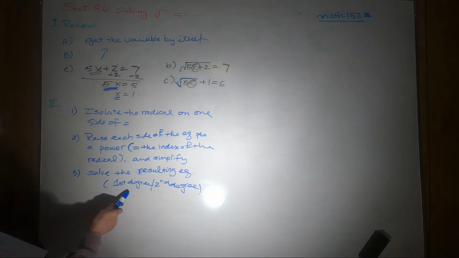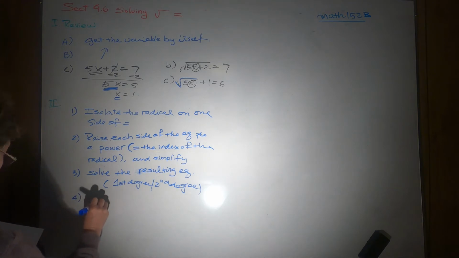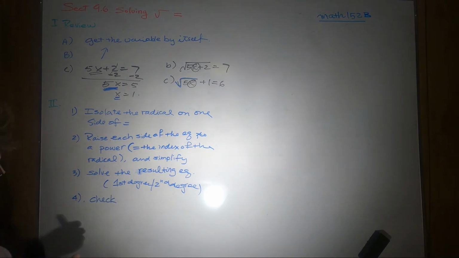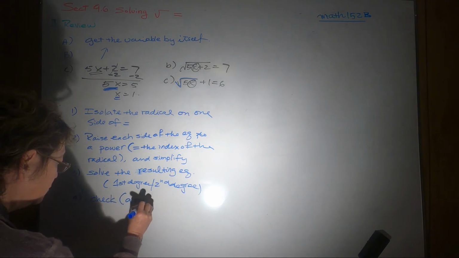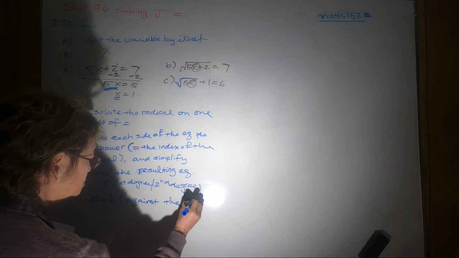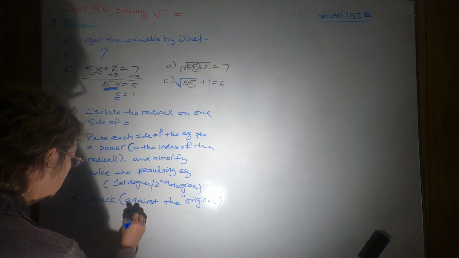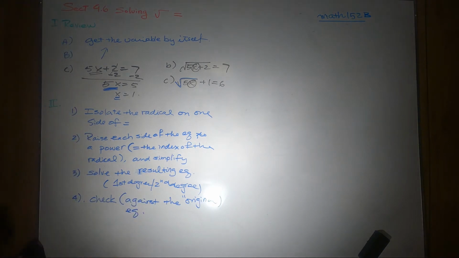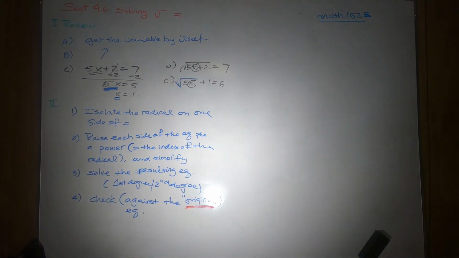First degree would be what? Linear equation. Then after that, you check. Okay, and when you check, it's important that you do it against the original equation. Remember doing that, okay? When you check, you need to check against the original equation.